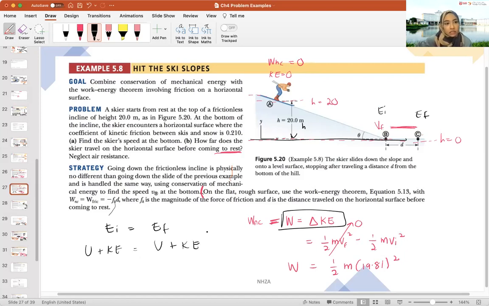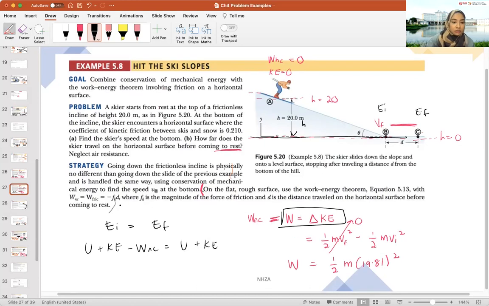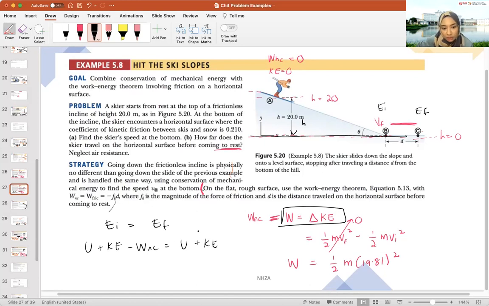And if we have friction, this equation would be U plus KE minus W_nc equals U plus KE, where U is either UG or US or both. It doesn't matter. So now this is our general equation.